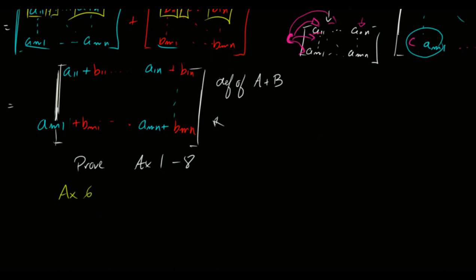Let me just remind you what axiom 6 says. Axiom 6 says that for all scalars a and b that belong to the real numbers, and for all vectors u that belong to my vector space, a times b scalar multiplied by u is equal to ab scalar multiplied by u.